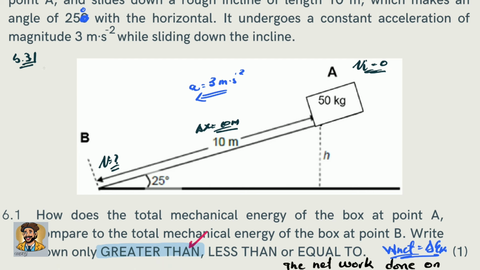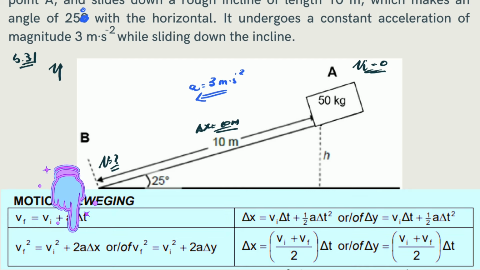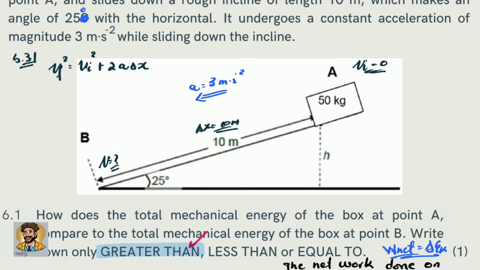What formula will be more suitable? Final velocity square is equal to initial velocity square plus 2 times the acceleration multiplied by the displacement. The rest is substituting because we have everything here.